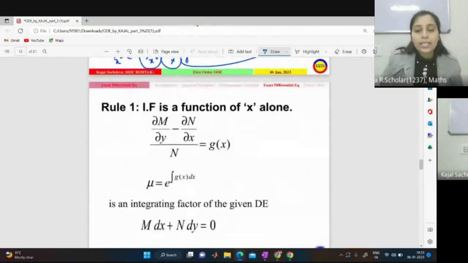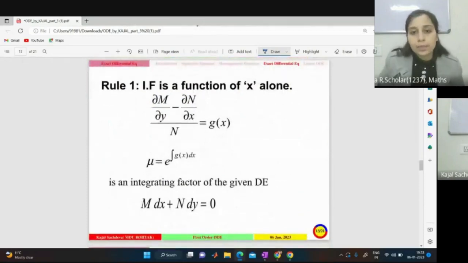So let's try some special cases when the equation is not exact and we want the integrating factor. You observe that if (∂M/∂y minus ∂N/∂x) upon N gives you some function of x, then in this situation the integrating factor is e raised to the power integral of g(x) dx.